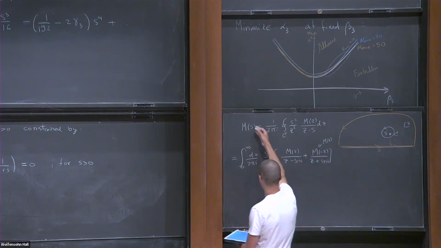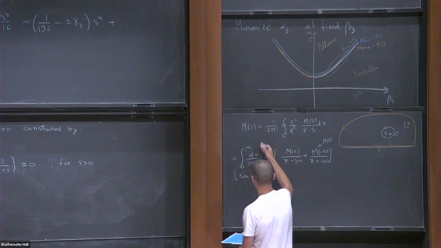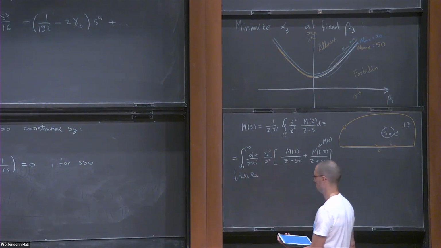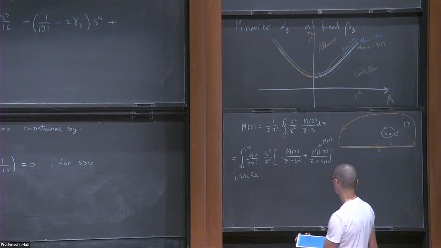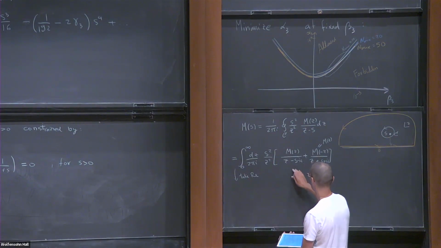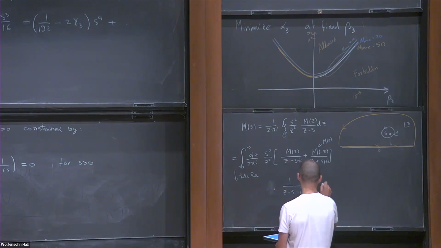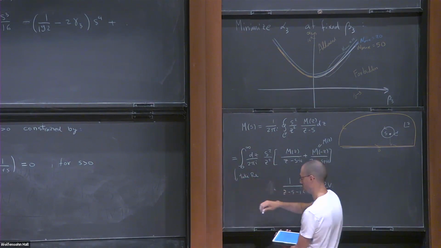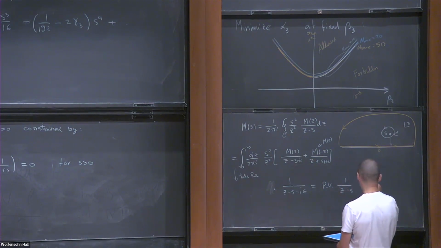And then you just take the real part of this equation, and you get that equation. Well, should I write it? I think I don't need to write it, right? So I just use that 1 over z minus s minus i epsilon is principal value of 1 over z minus s plus i pi delta of z minus s.